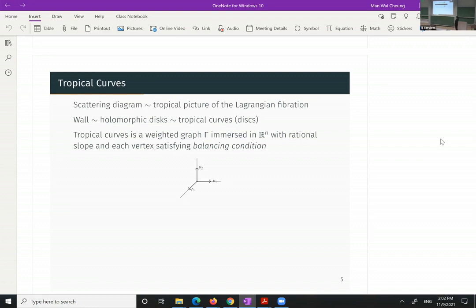Other than going along a straight line, the first example we have is this trivalent graph, which Anima described yesterday, a weighted graph with some balancing condition. The balancing condition is at each vertex. Unlike Anima, we look at primitive vectors, but the tropical curve will carry weights. That is how we deal with the non-primitive cases in our setup.